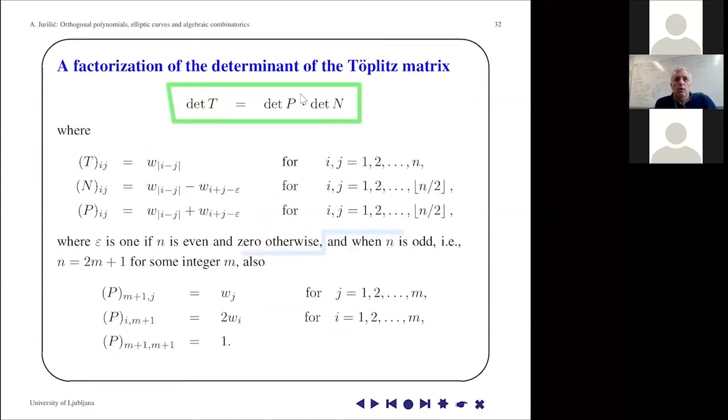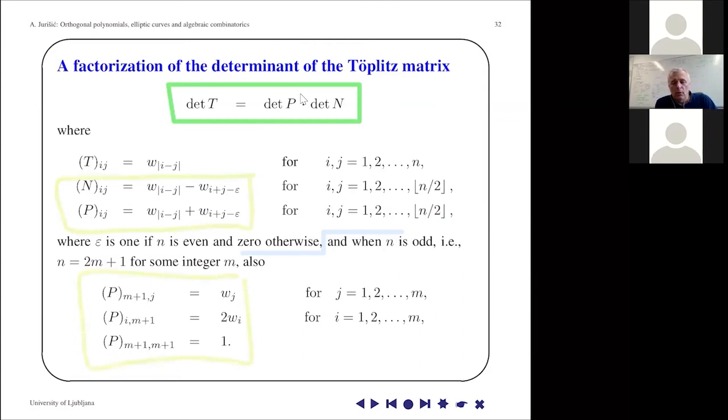So I claim that this factorization consists of two smaller determinants, about half of the size, unless the dimension of the original matrix is odd, then one has to be m and the other one m+1. And this is how these smaller matrices are defined. In the odd case, you have to do a little bit more.